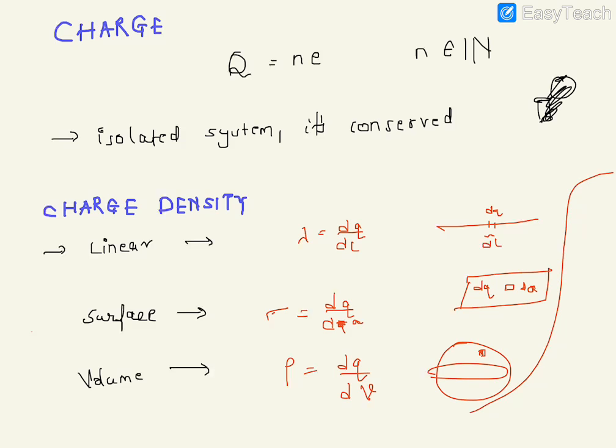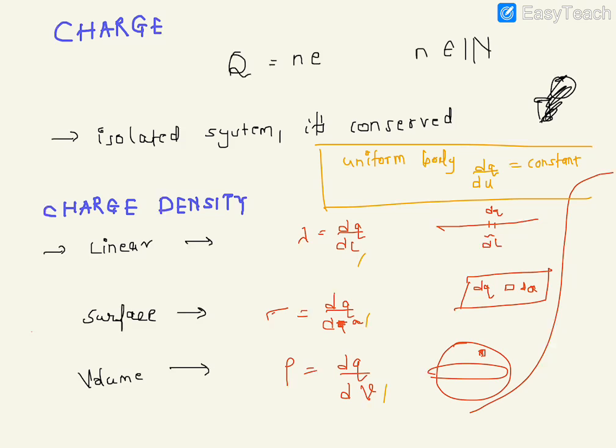One important point to note: for a uniform body, dq by du equals a constant. This du can be anything, like length, area, or volume, and it will be a constant quantity.